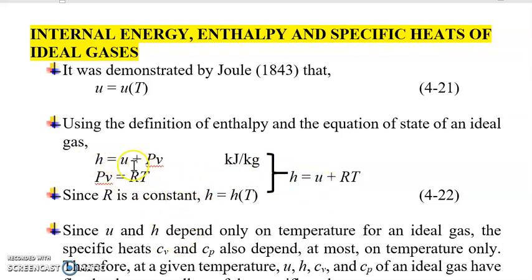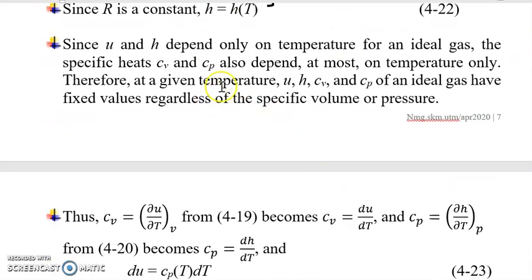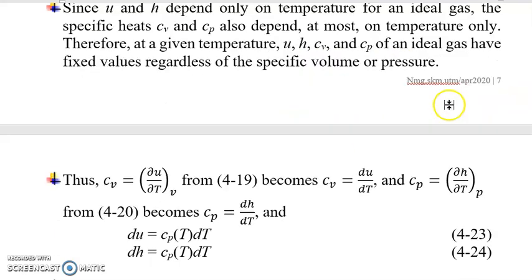Since U is a function of temperature and PV for an ideal gas is a function of temperature, you may conclude that H is also a function of temperature, since R is a constant. So U and H depend only on temperature for an ideal gas. Therefore Cp and Cv also depend at most on temperature only, so they have fixed values regardless of the specific volume or pressure.